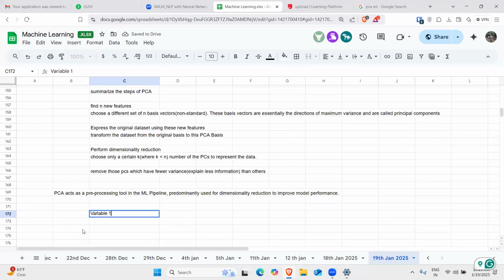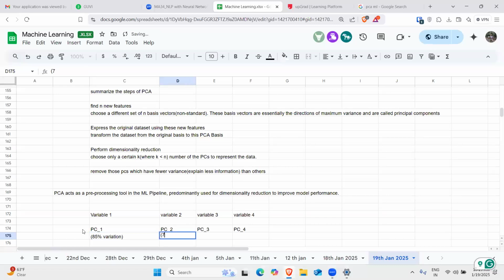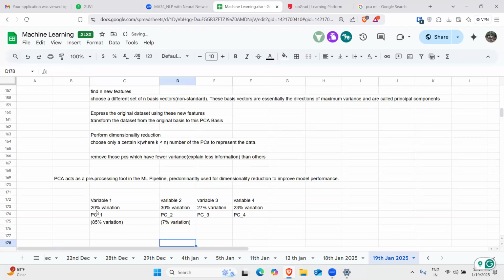You have variable 1, variable 2, variable 3, variable 4, and you have PC_1, PC_2, PC_3, PC_4. Suppose variable 1 gives 20% variation, this gives 30% variation, this gives 27% variation, and the remaining 23% variation is given by variable 4.